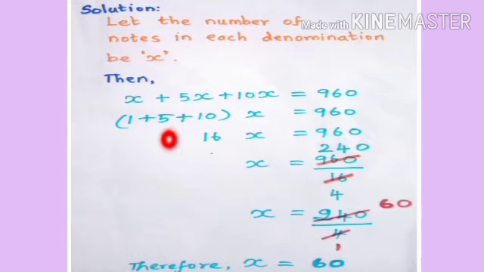And in the next step we have to add the coefficients of x. So we get 1 and 5 and 10. By adding these values we get 16x, which is equal to 960, the amount the person has. So in the next line, 16x, by using the transposition method.